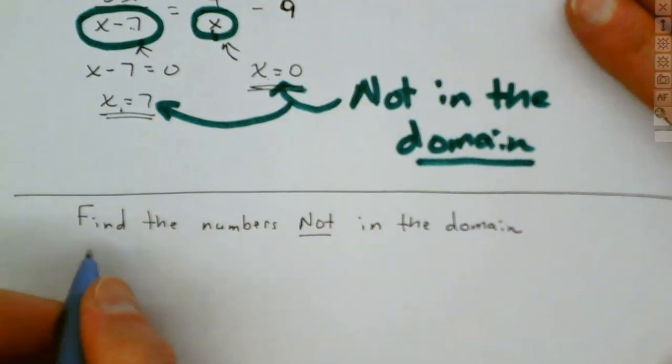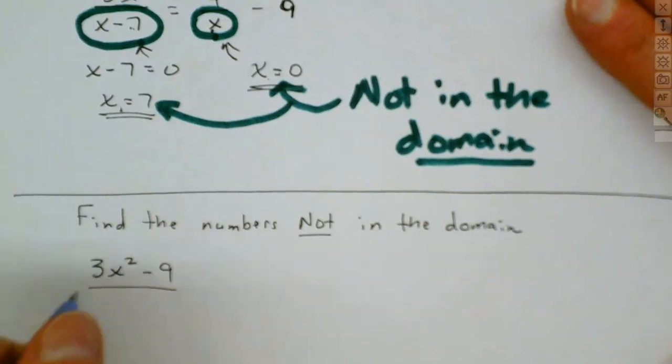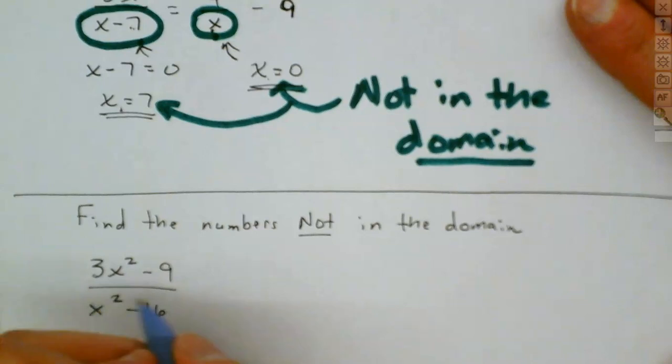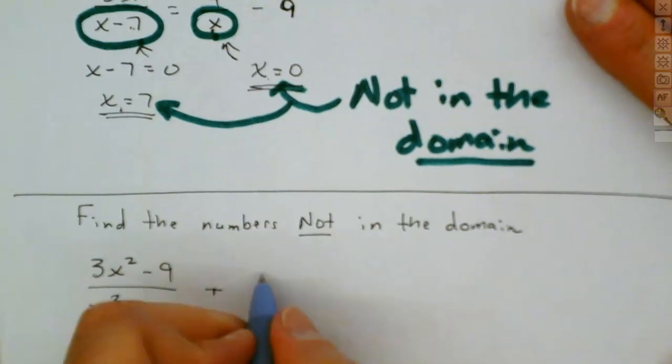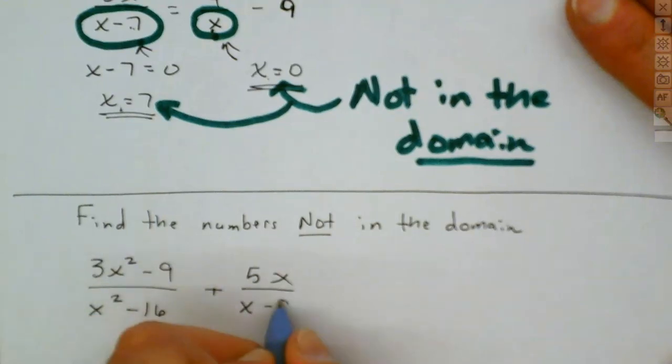How about I give you 3x squared minus 9 over x squared minus 16 plus 5 over x minus 9.